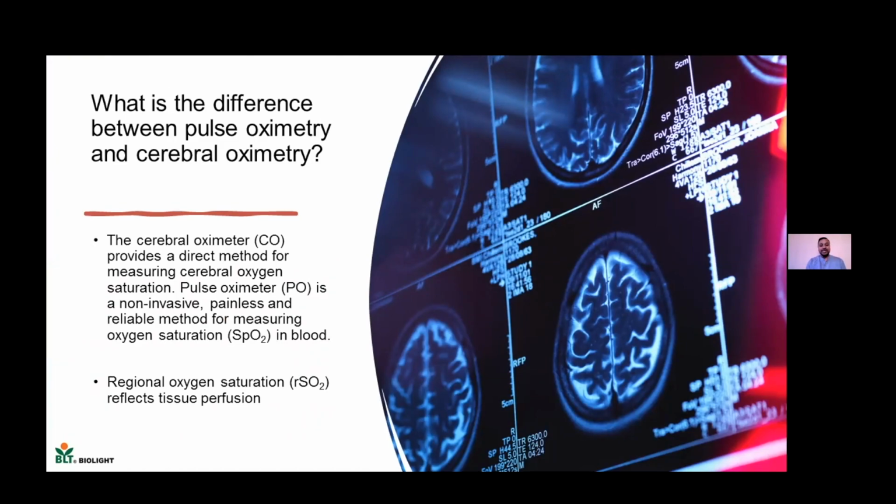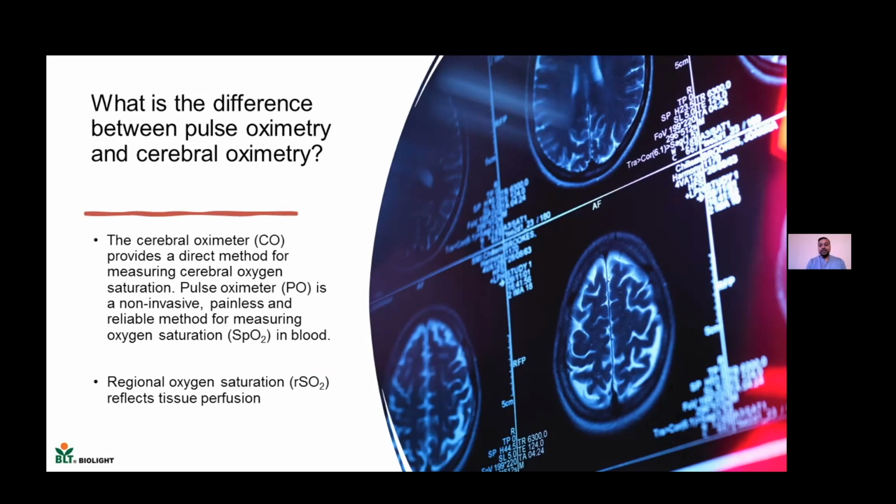The cerebral oximetry provides a direct method for measuring cerebral oxygen saturation. And pulse oximetry is a non-invasive, painless, and reliable method for measuring oxygen saturation, what we call the SpO2, in blood. This pulse oximetry gives us the oxygen saturation present in our capillary.